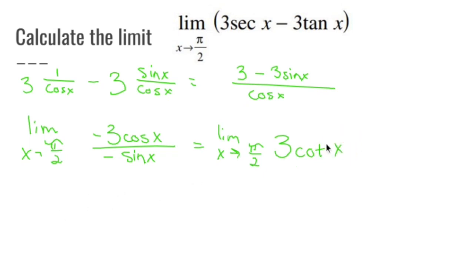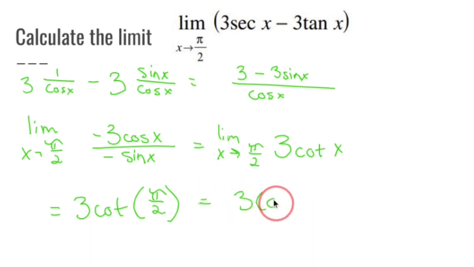Now I'm going to calculate 3 times the cotangent of pi over 2. The cotangent of pi over 2 is 0. And 3 times 0 is 0. So at the end of the day, this whole thing has a limit of 0.